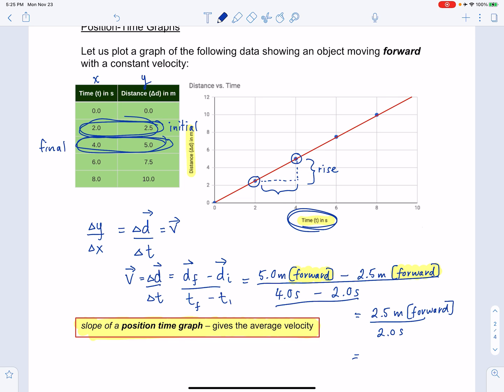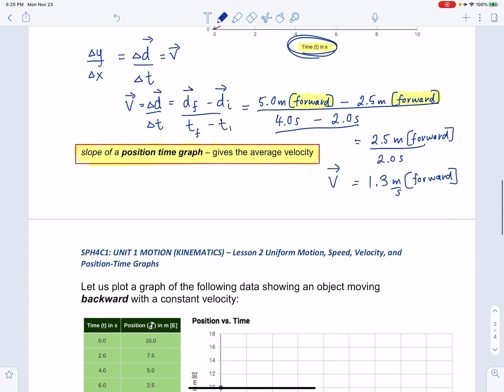If you punch this into your calculator, you end up with a slope of 1.3 meters per second forward. So our slope, and hence our velocity, is 1.3 meters per second forward. This position time graph with a straight line that is sloped upward tells us that an object is moving forward with a constant velocity. Let's take a look at a different position time graph, which tells us a different story.